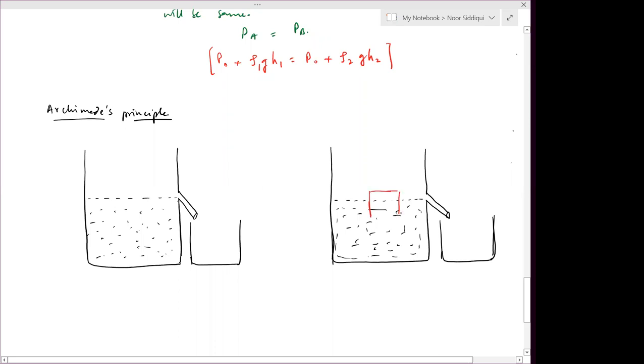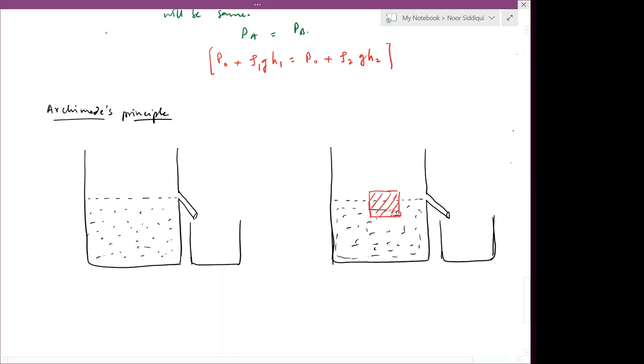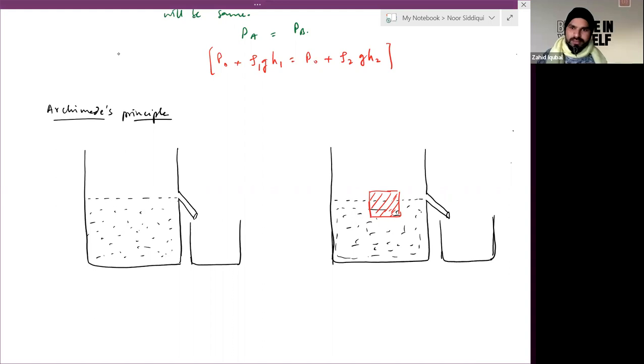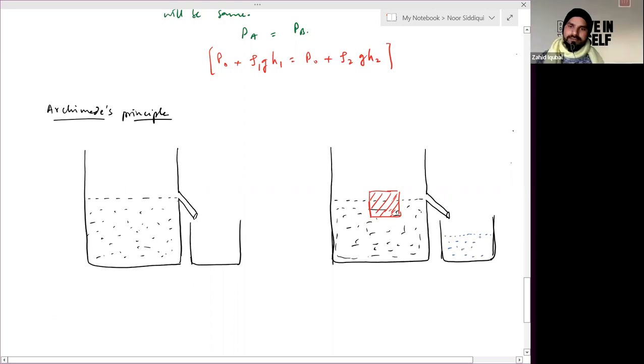The liquid will rise, and since there is a hole, the liquid will transfer to the other bowl. Good. So let's say some amount of liquid gets displaced towards this. There is some volume which is inside, and some volume which is outside.